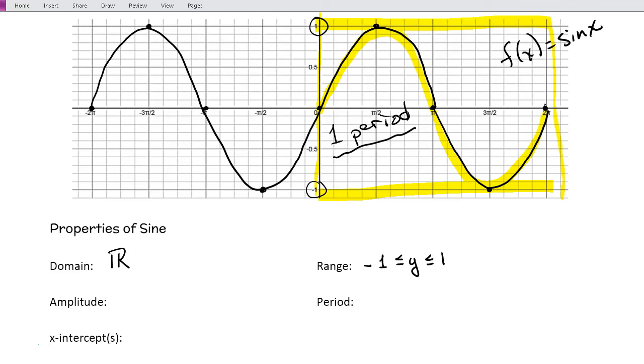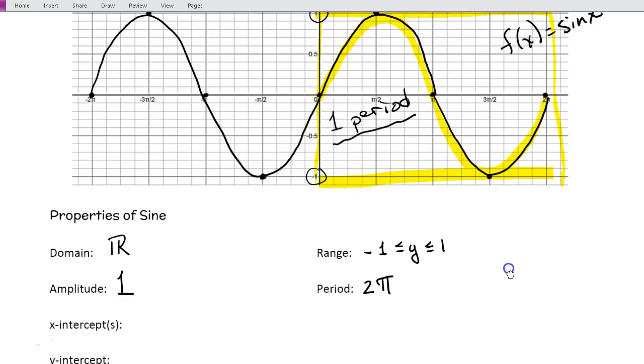So our amplitude in this case is going to be 1. And then our period: I highlighted this 1 period, and we want to know how long that is. Well, it starts at 0 and it ends at 2 pi, so our period here is going to be 2 pi. And we'll talk about how to actually calculate that based on the equation that you're given.